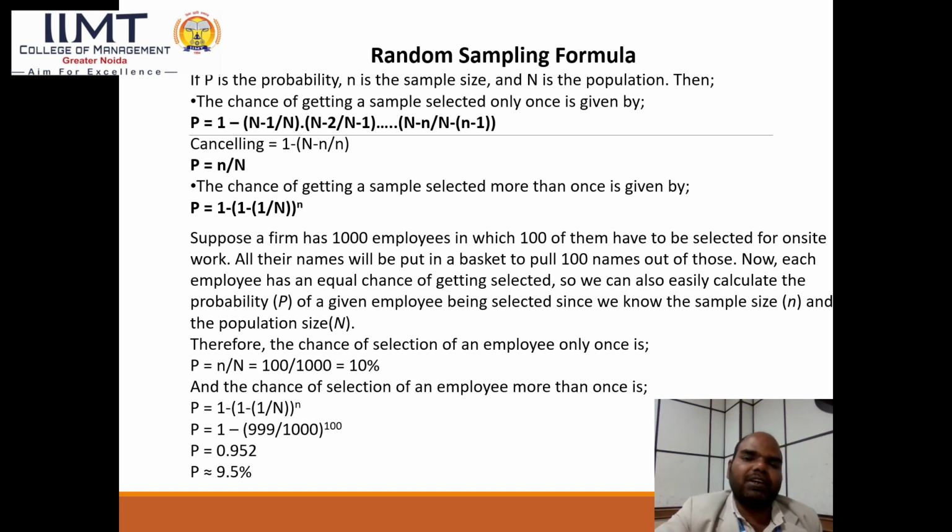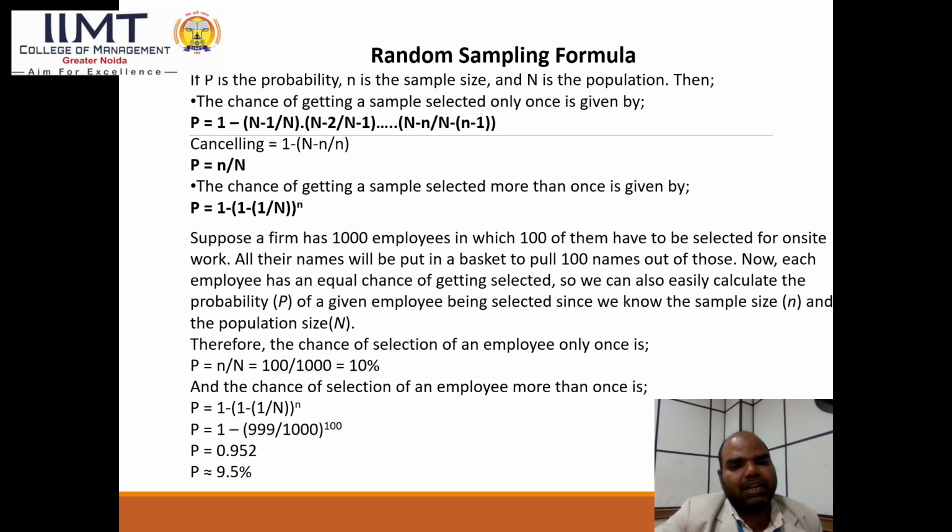The chance of getting a sample selected more than once is given by P = 1 - (1 - 1/N)^n.